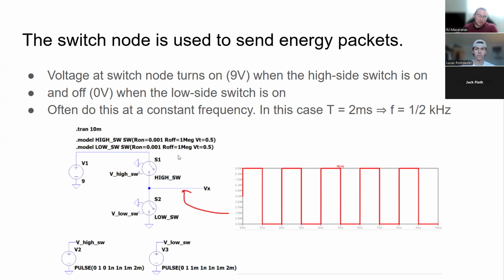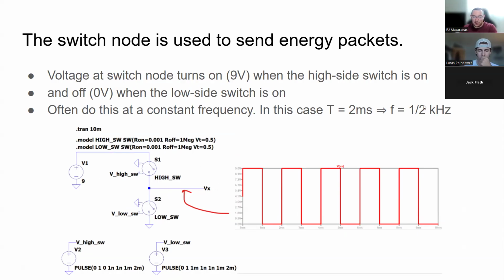Once the top switch is turned on, we've connected Vx to 9 volts. If I turn the high side switch off and then I turn the low side on, then I've connected Vx to ground, right? So this becomes 0 volts.